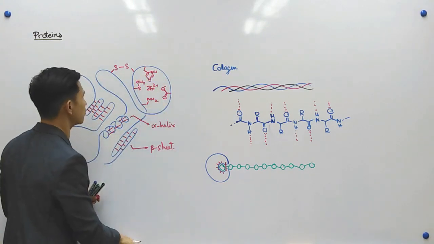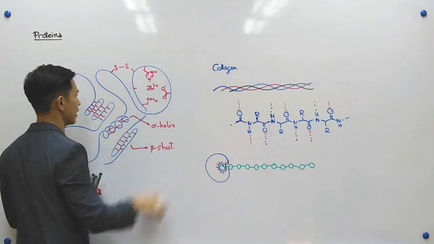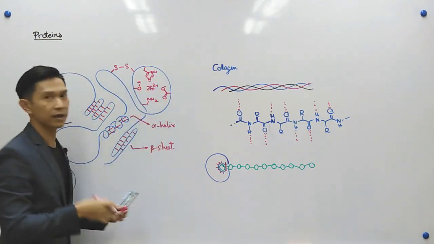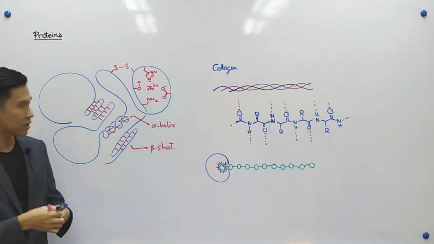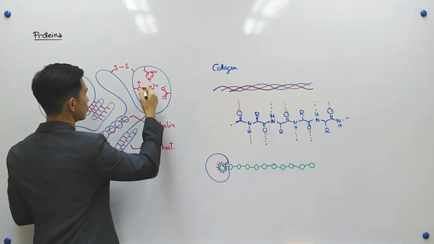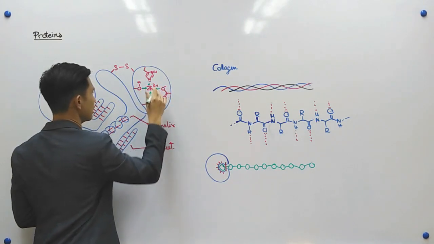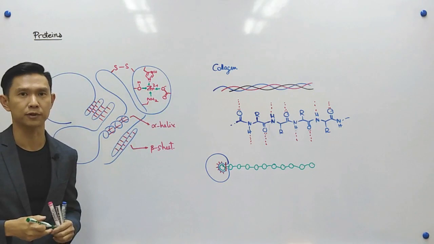There are many possibilities, or maybe an O- or OH group from threonine or things like that. So this may complex your metal. The metal can complex with several kinds of side chains of proteins.